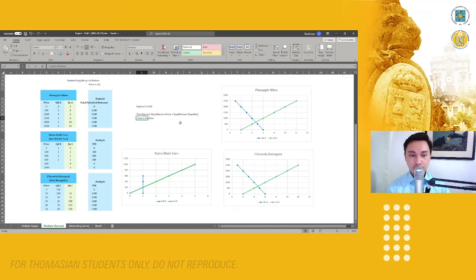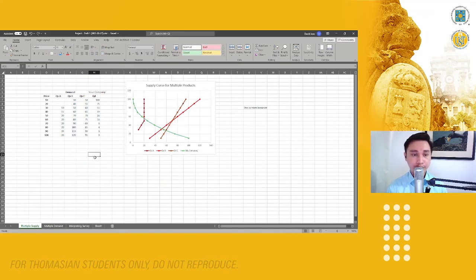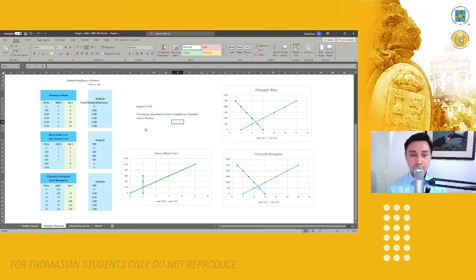So we also have to consider other factors. In economics, the highest equilibrium is the profitable one, but in real life, we have to consider other factors as well. That is why in your supply curve, you can combine suppliers, because you can see that they are the same, as we have discussed in the supply curve.